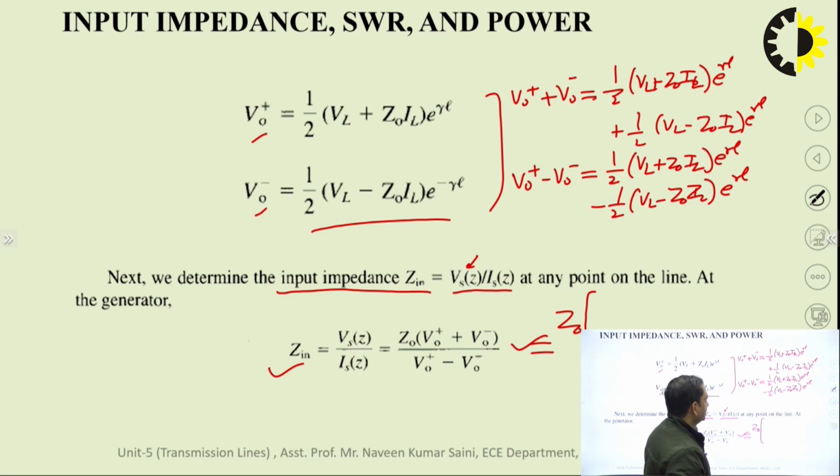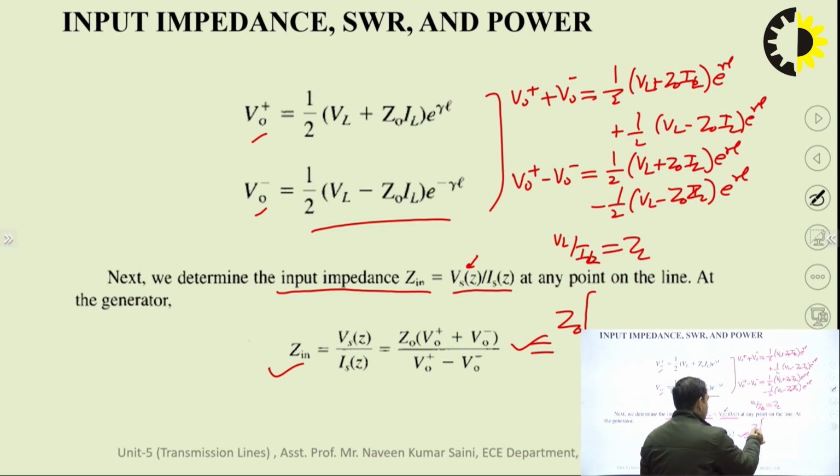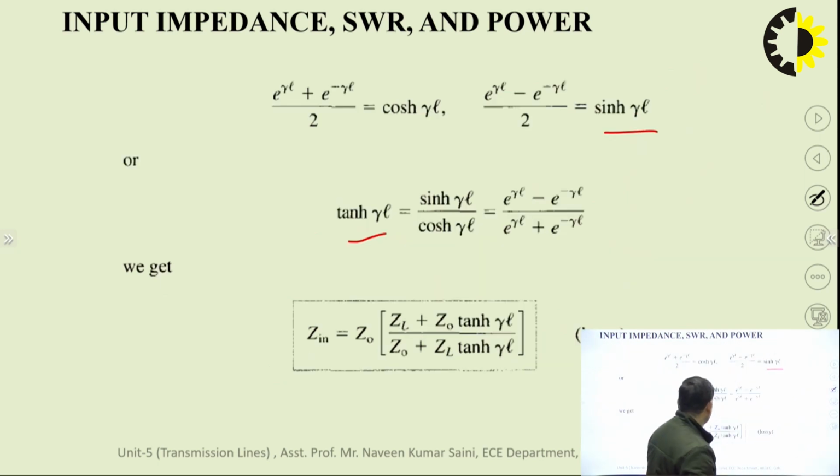Just simply when you use this one you can take IL outside, so IL will be cancelled out, and when we get the VL divided by the IL, this value will be ZL. So, when we put it here all together, the expression which we are getting is this one.